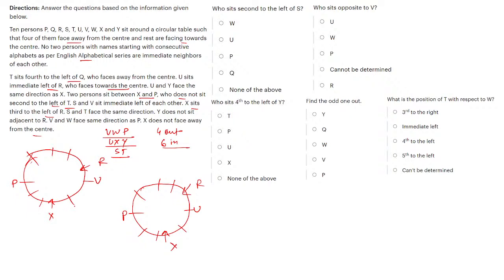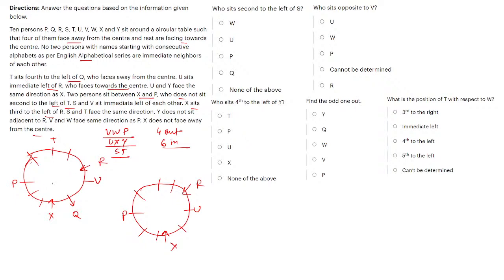So if we take Q here, 3 persons, 1, 2, 3, Q can come here, T can come here because Q is facing outside. This is it, right. So we are validating the condition that consecutive alphabets should not be there in our arrangement, right.